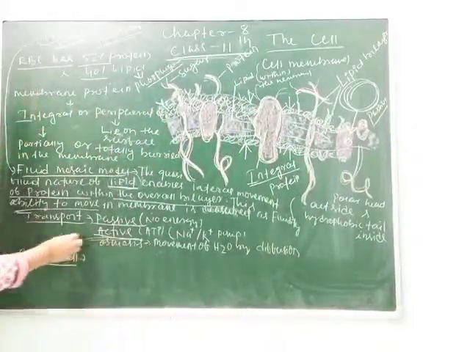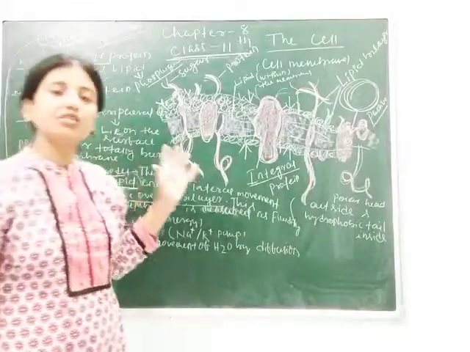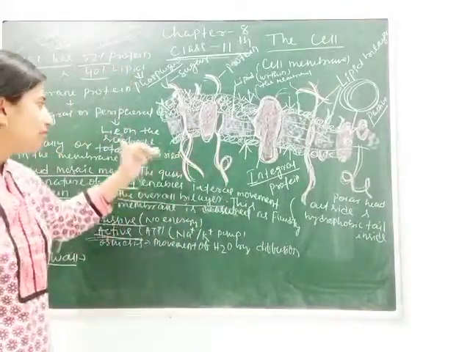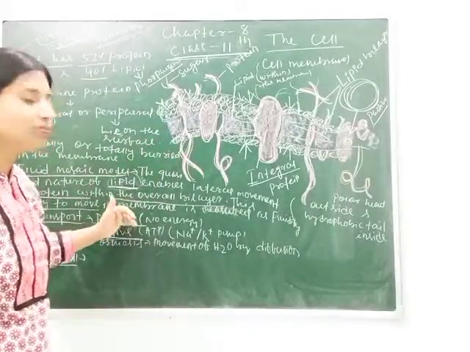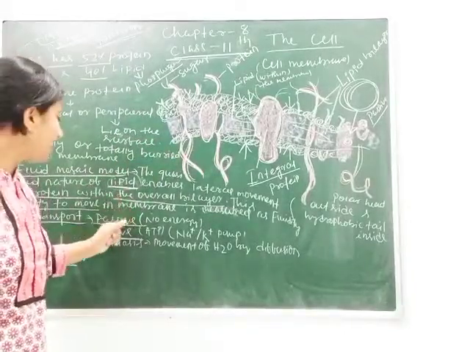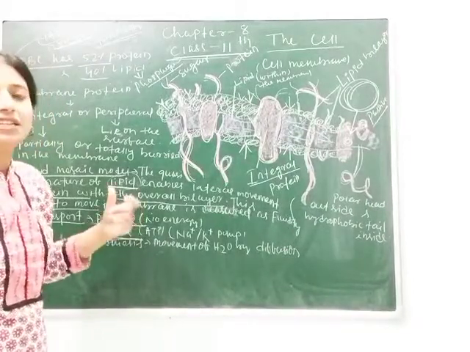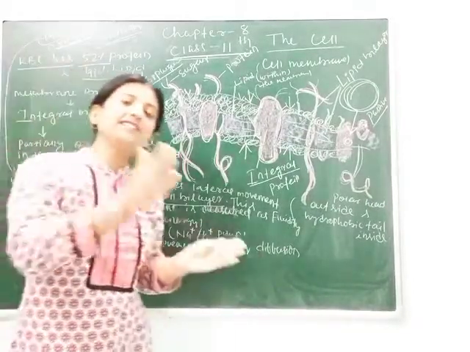Next is active transport. As I have told you, the function of the cell membrane is to transport different substances inside and outside the cell. The first transportation medium is passive, and the second one is active. Active means here the case is different.